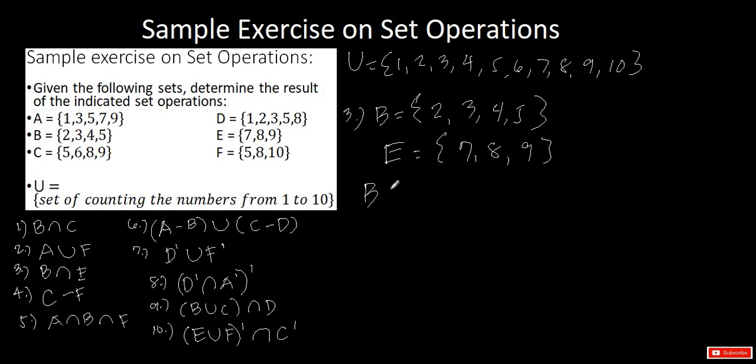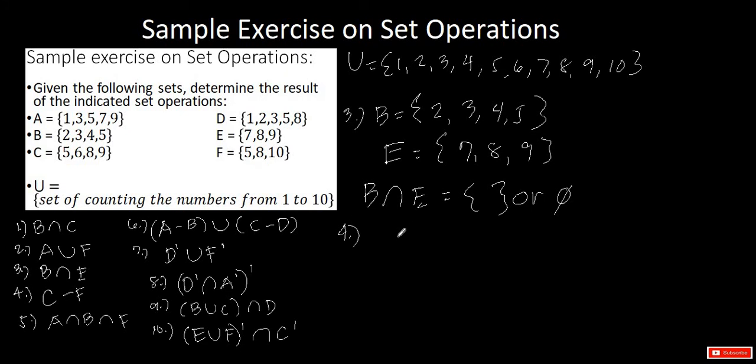The problem is B intersection E. Okay, let's see if there are common elements of set B and set E. Observe that there is no common element for set B and set E. So therefore, the result of the operation B intersection E is a set with no element, or empty set, or null set.